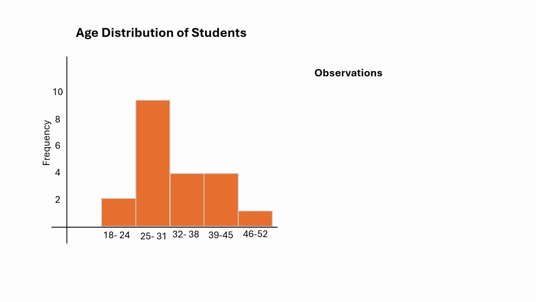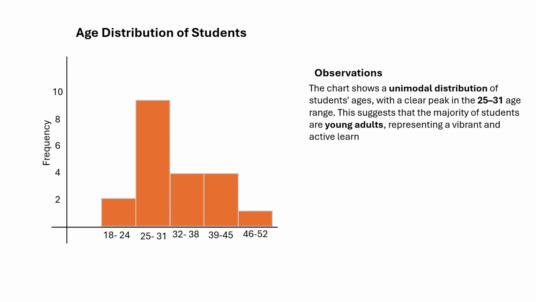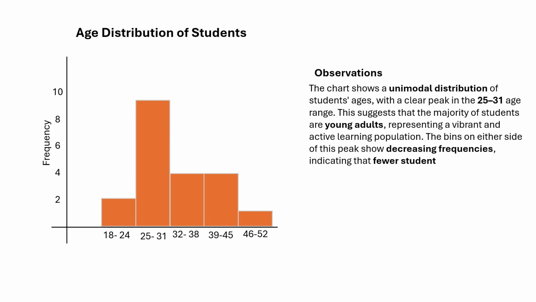For our chart, I'll record that the chart shows a unimodal distribution of student ages with a clear peak in the 25 to 31 age range. This suggests that the majority of students are young adults, representing a vibrant and active learning population. The bins on either side of the peak show decreasing frequencies, indicating that fewer students fall into the younger 18 to 24 and the older 39 and above age group.